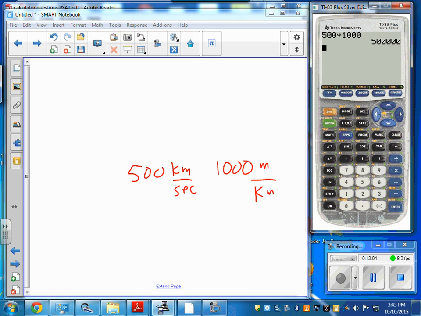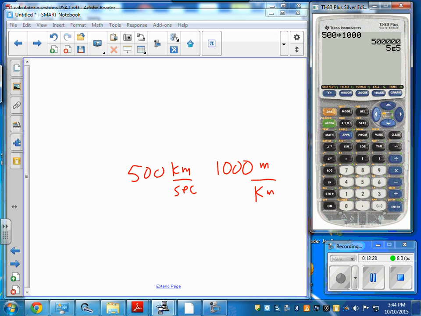Now, unfortunately, the choices don't have 500,000. They have it in scientific notation. The only one that makes sense, I think, is choice B. The calculator will convert these to scientific notation if you go over and choose that option and then just hit enter.